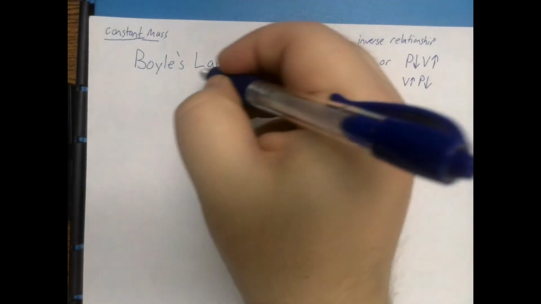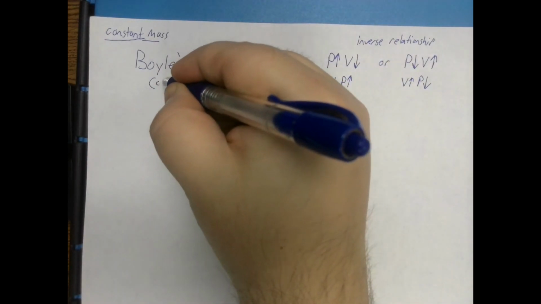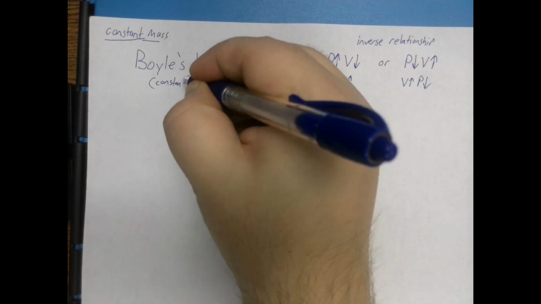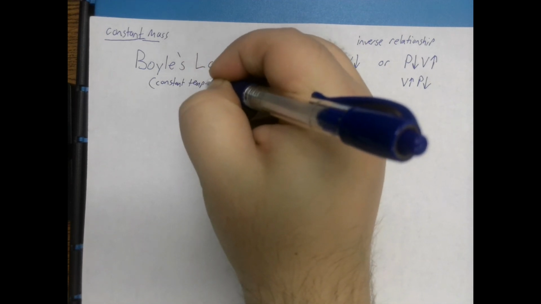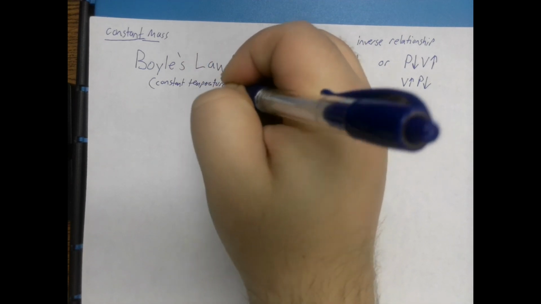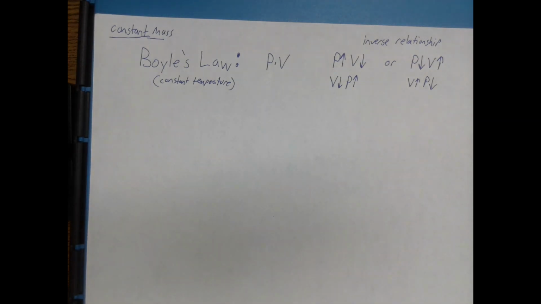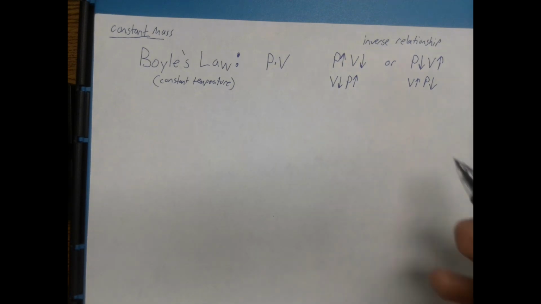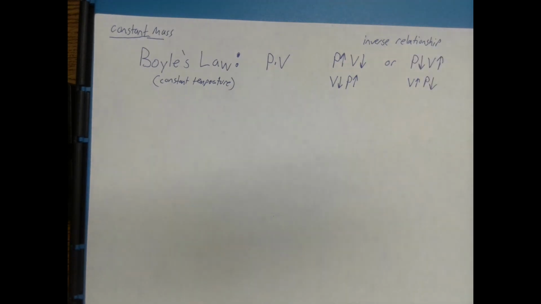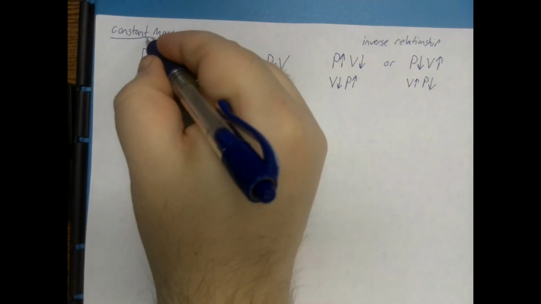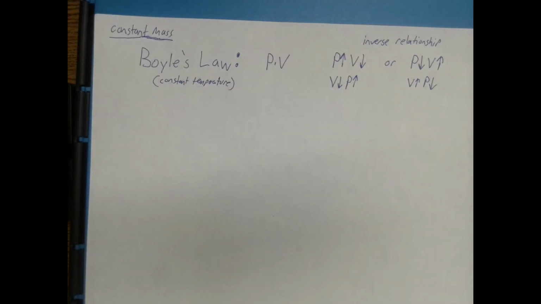Boyle's law also has constant temperature. So if you're losing mass or gaining mass, this doesn't work. When you're blowing up a tire, you're increasing its pressure, but because you're adding more mass, the volume also goes up. So it doesn't work in this case because mass is not constant. That is a very good point, actually.